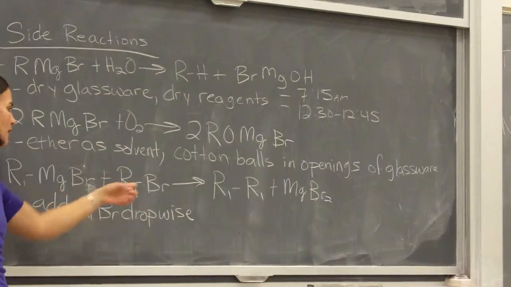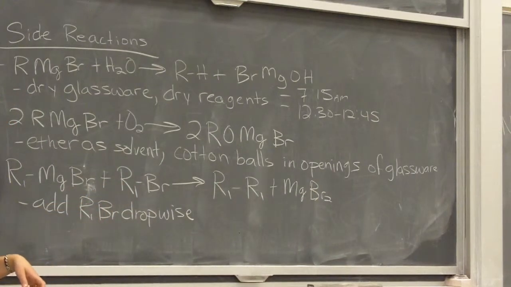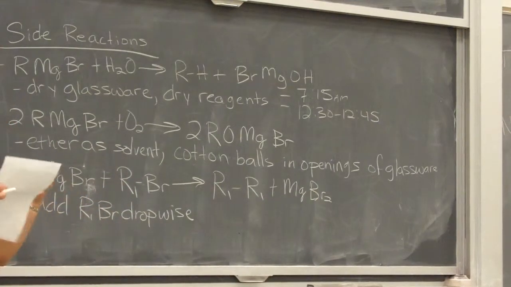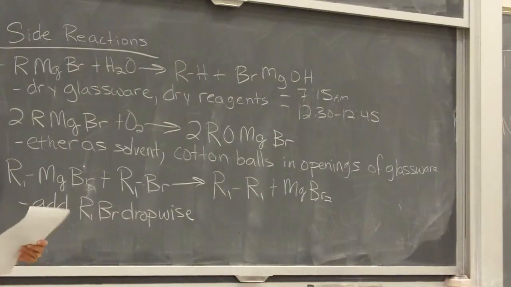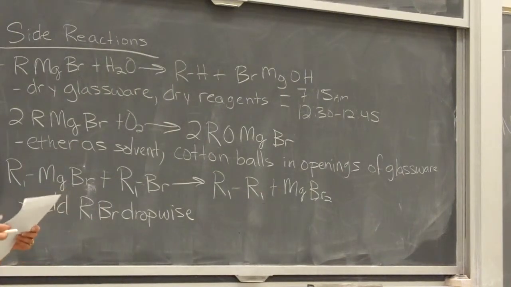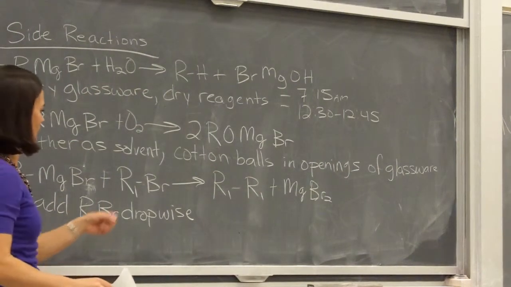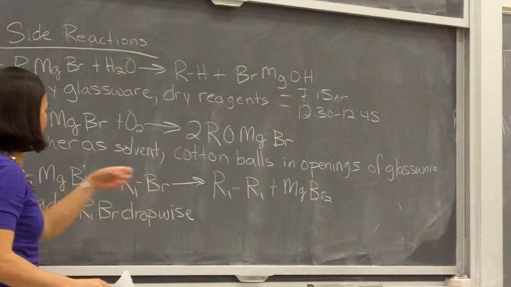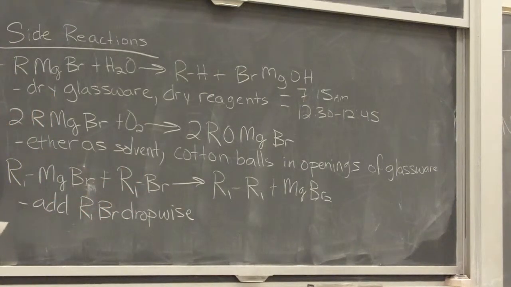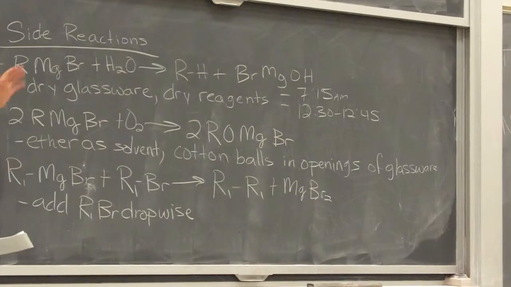Okay, so we're going to add it dropwise so we don't have a lot of concentration of it along with already formed Grignard reagent to react with each other. We just want it to directly react with the magnesium to form your Grignard reagent. Okay? So all of these things we have to take into account with our reaction. A couple of these things we can take care of with the setup that we're going to use.